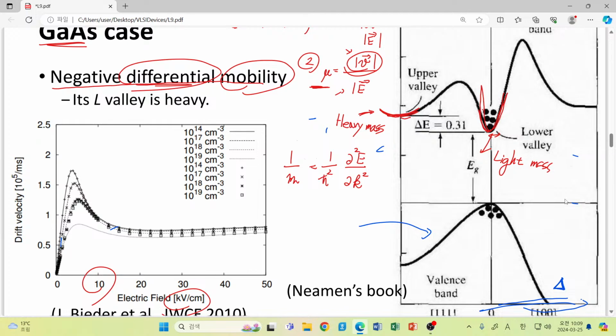So what happens? Previously we had light mass for electron conduction, but when we apply a high enough electric field, some of our electrons transit from this light mass case to the heavy mass case. In this case, they become slower, starting from this fast one, they are getting slower.